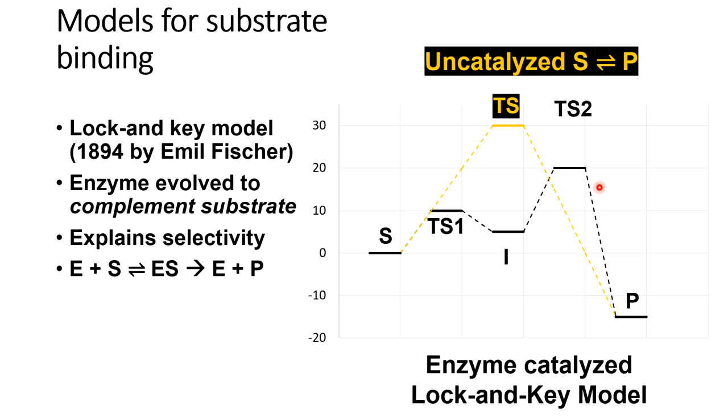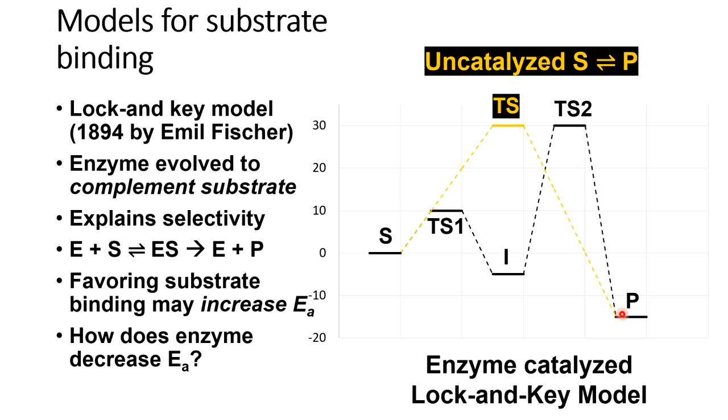What the lock and key model suggests is that because the enzyme is suited particularly to bind to the substrate and evolved for the substrate, it's going to bind the substrate with really high affinity. Remember, all those molecular recognition sites are enthalpically favorable contributions to the energy.